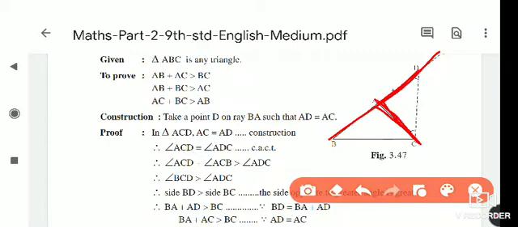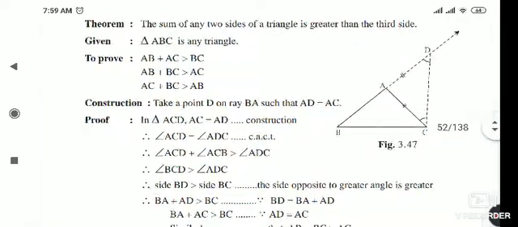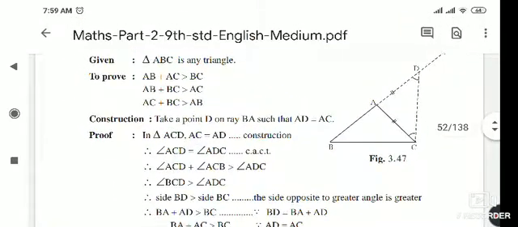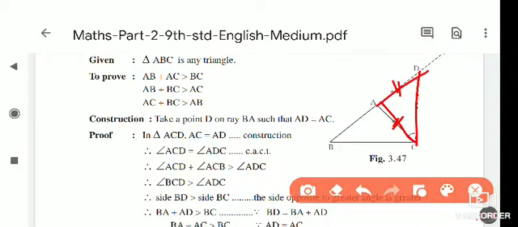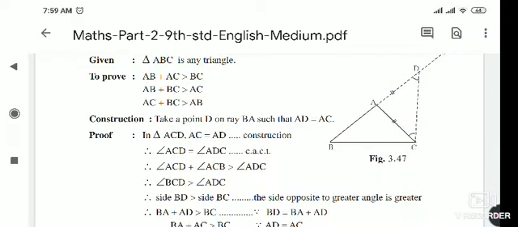Now here in triangle ACD, if these two sides are congruent to each other, the given triangle is an isosceles triangle, right? Now AC is equal to AD, and it is our construction.